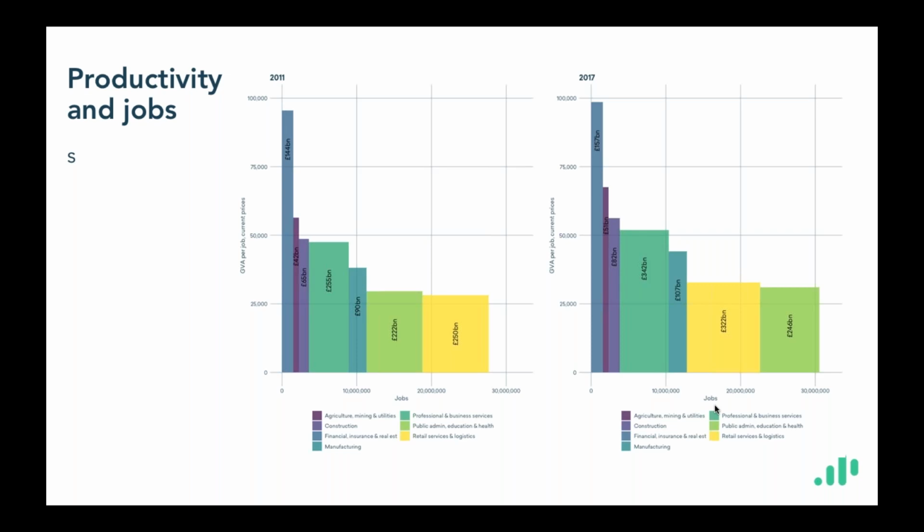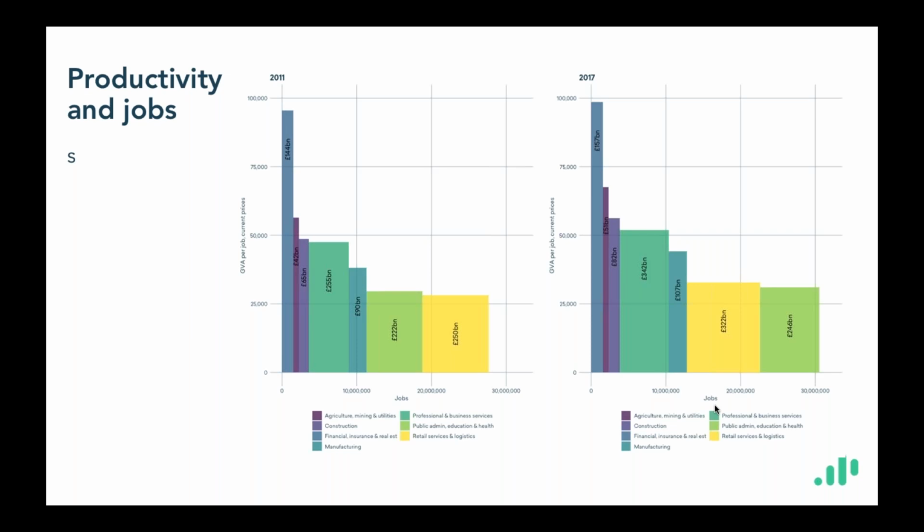And what's interesting here is if we look at the detail, the difference between finance and retail, for example, in 2011, you can see that finance has significantly fewer jobs, but much higher GVA per job.